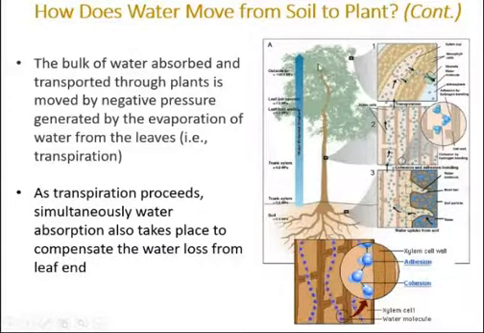This negative pressure forms a gradient, more negative at the leaves and extending all the way down the xylem to the roots. So the water moves due to this pressure gradient in the xylem until it reaches the leaves, and then it is lost to the atmosphere.